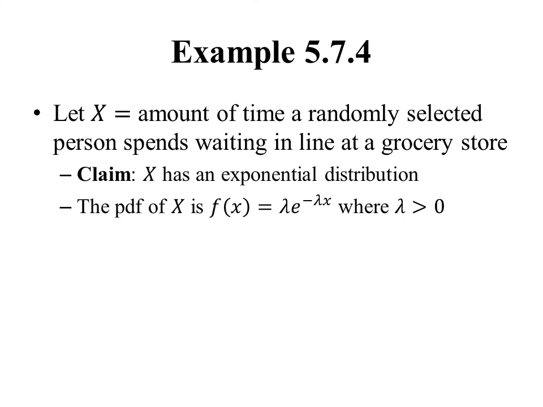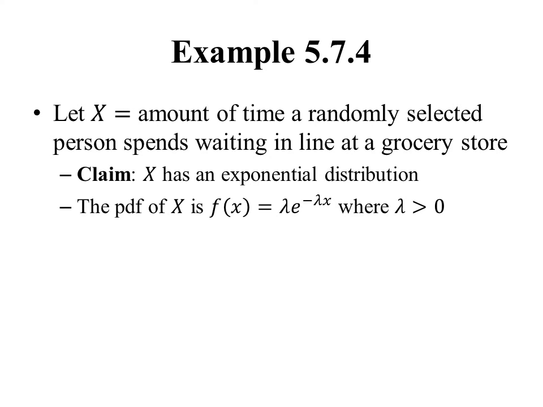So if x has an exponential distribution, that means that its PDF is f of x equals lambda e to the negative lambda x, where lambda is some positive number. Now in this case, we're not making a claim about the value of lambda, and in fact we're going to have to estimate it from data, but this is the type of distribution that x has.